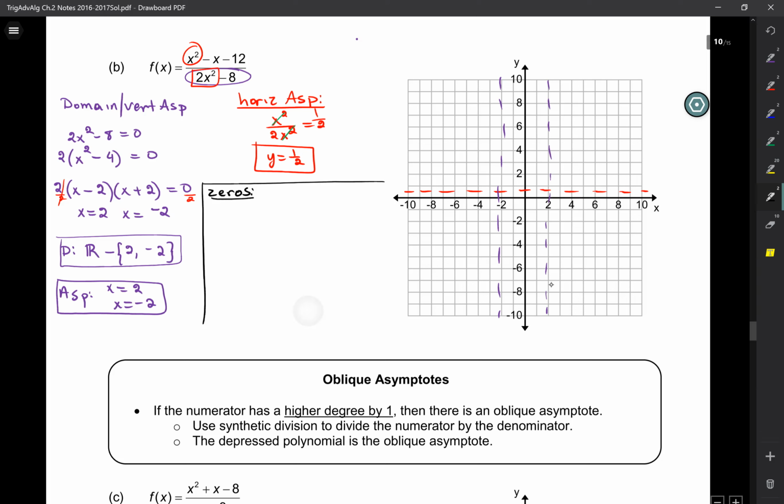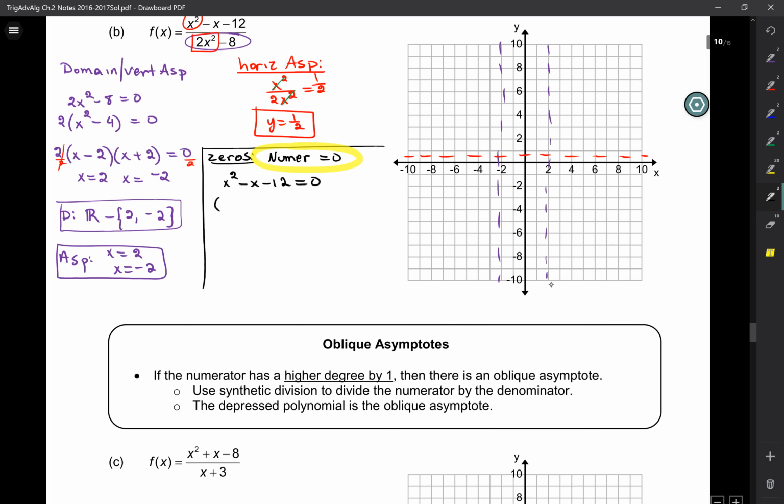To do that, we set the numerator equal to 0. So what's the numerator here? x squared minus x minus 12 equals 0. Is there any way to factor that? Well, let's see. x and x. Yes, you can.